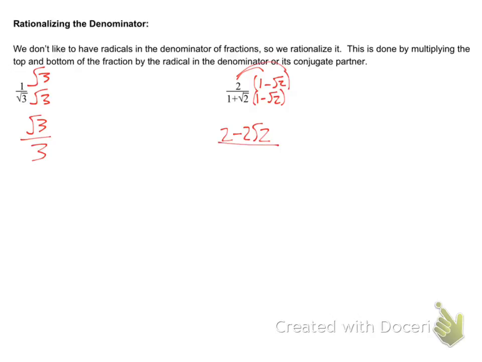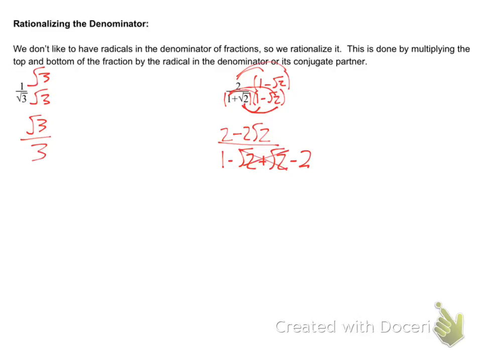First, outside, inside, last. 1 times 1. 1 times negative square root of 2. Square root of 2 times 1. And positive square root of 2 times a negative square root of 2. So negative square root of 4, which is negative 2.